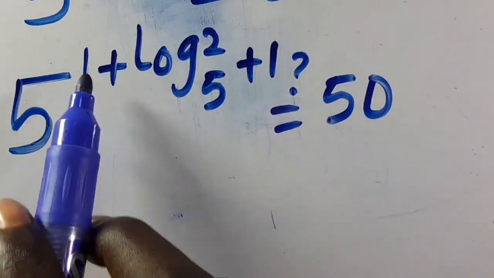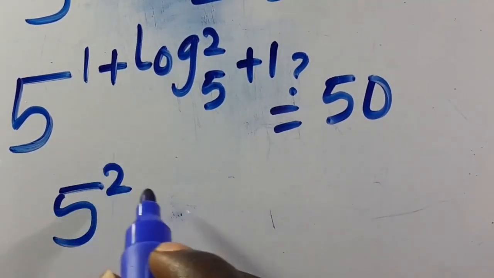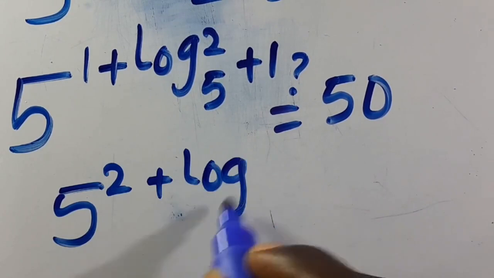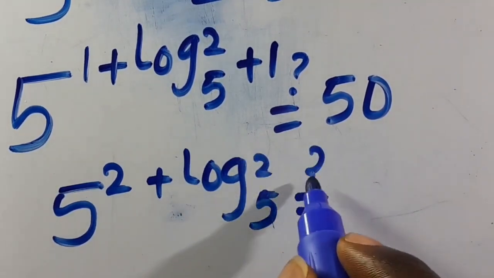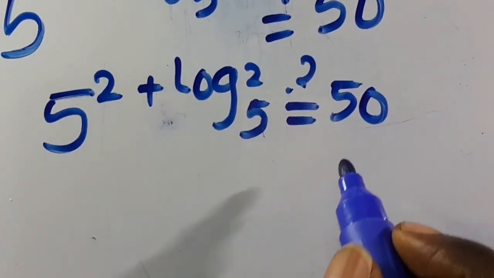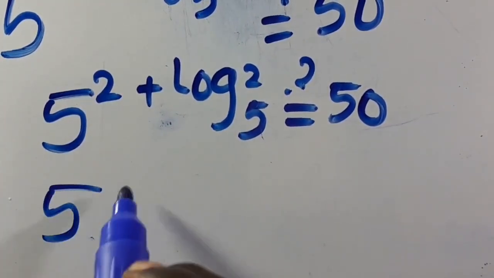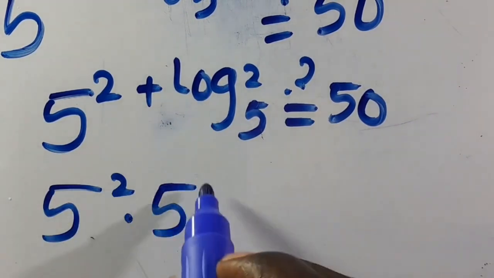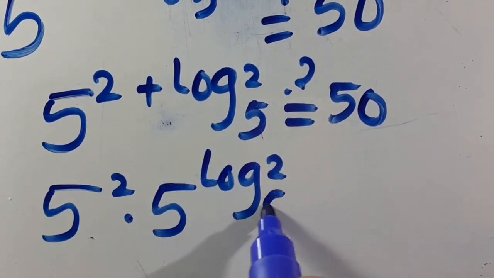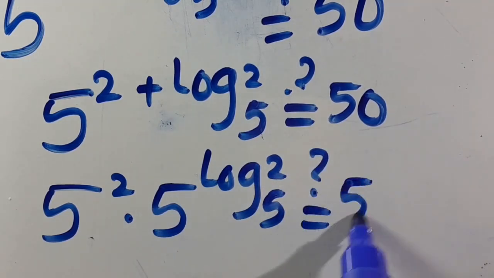Mind you, we have 1 plus 1 will be 2. We have 5 to the power of 2 plus log 2 in base 5 is going to give us 50. Then we have this as 5 to the power of 2 dot 5 to the power of log 2 in base 5.